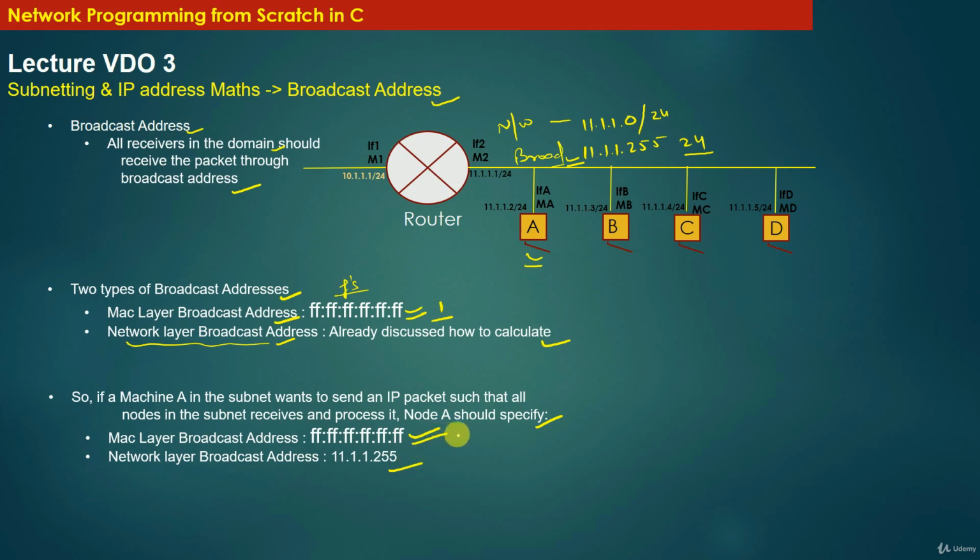If machine A generates a packet in which the destination MAC address is this value and the destination IP address specified is 11.1.1.255, then all the machines in the same subnet will process the packet.